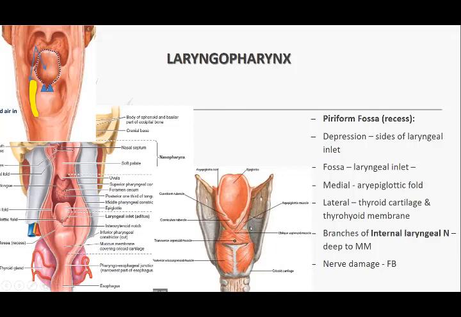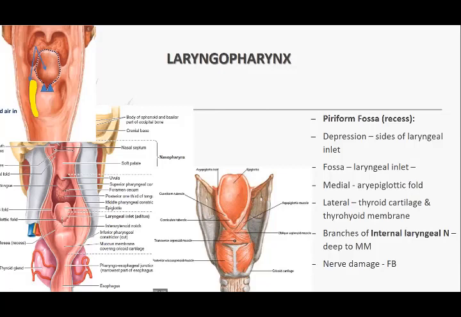So that was fine. Now, God forbid, for any reason, if the foreign body is pointed, or a sharp-ended foreign body gets stuck here, it passes through this membrane and damages the internal laryngeal nerve.